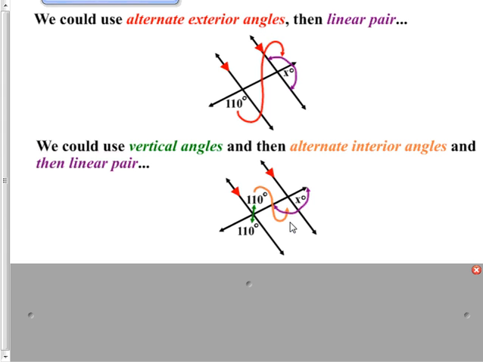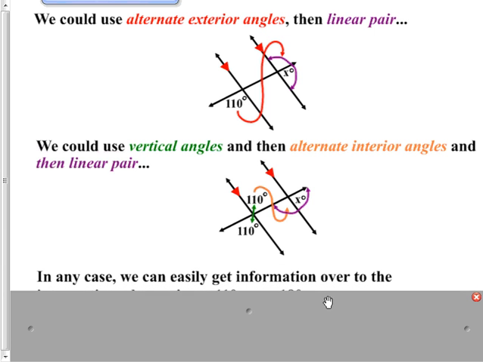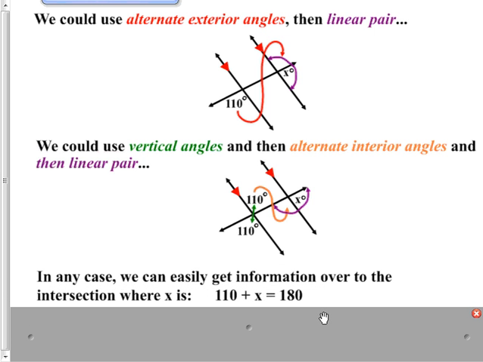We would be able to add them together to equal 180 degrees. I think you can see the recurring pattern in here. Wherever we are able to legally move the 110 degrees to, it's going to consistently put it in a position where it's going to want to add together with the x to equal 180 degrees.